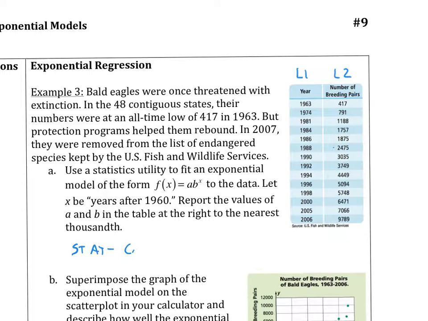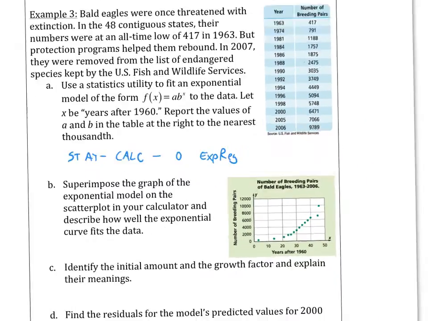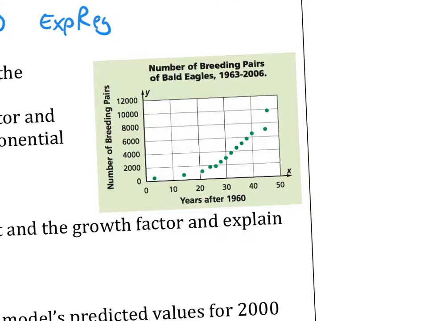And in stat calc, instead of pressing the number 4 for linreg, now we're going to press the, I think it's the 0 for the xreg, like that. And it'll find us the data. We're also going to look at the scatter plot, which will look like this. And then we'll see what our trend line looks like, or excuse me, our exponential model, and how it fits inside there.